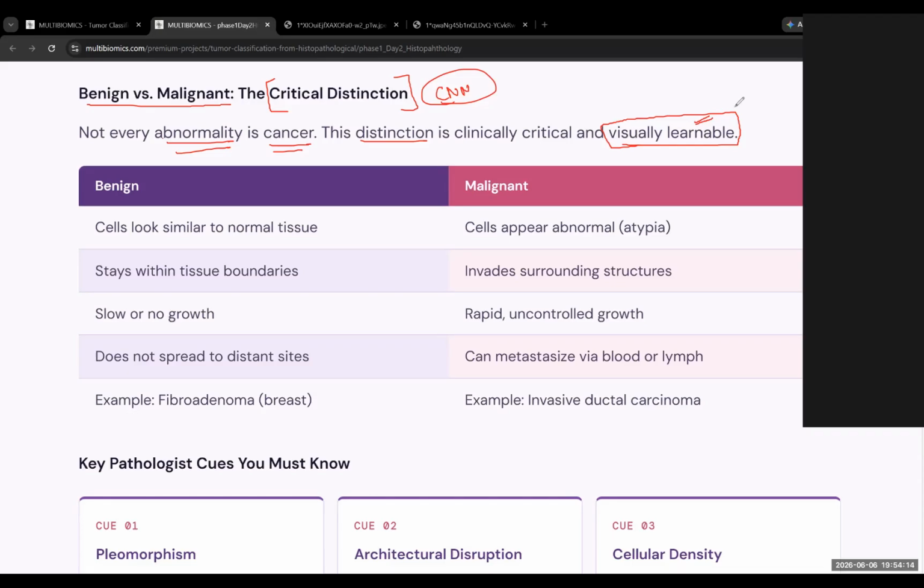I'm telling you not every abnormality is a cancer because you can have human errors also. You could have taken completely normal tissue, smeared it, and disrupted the morphology.